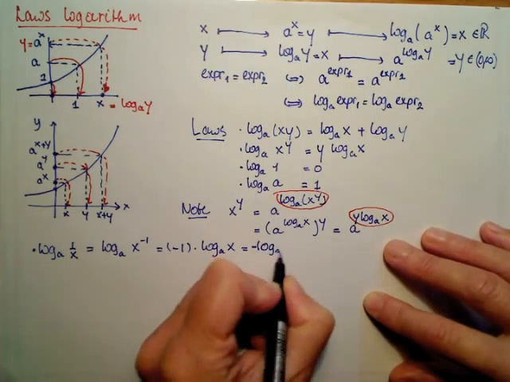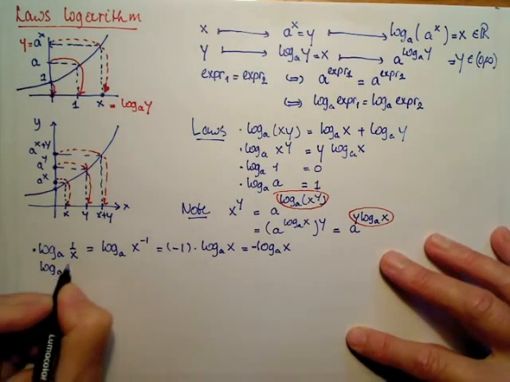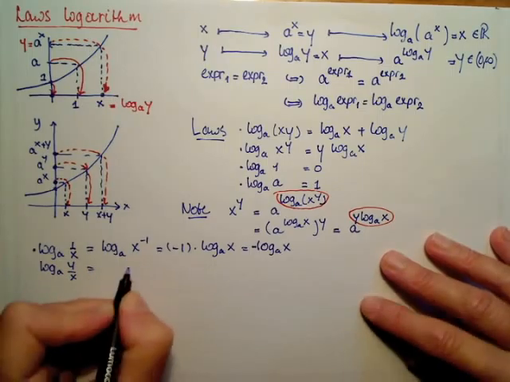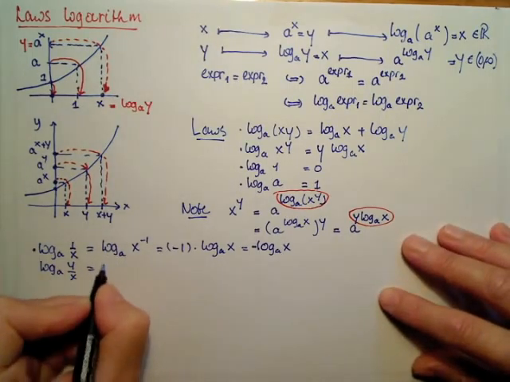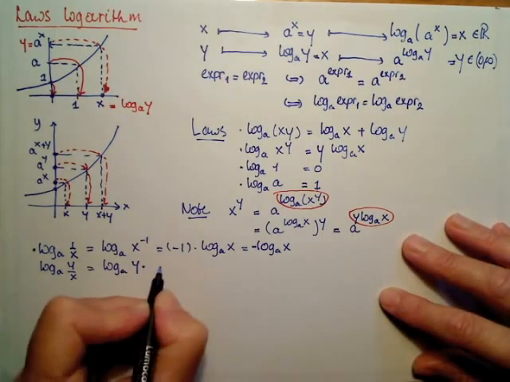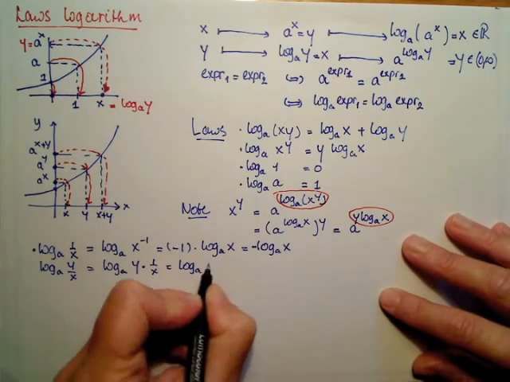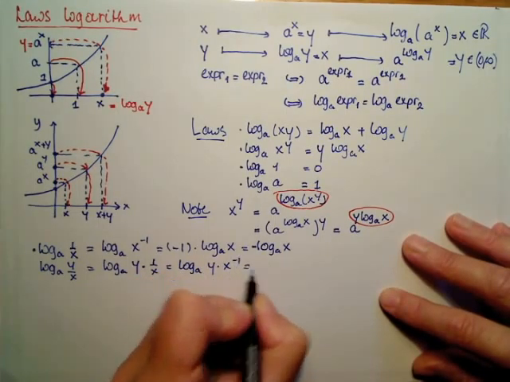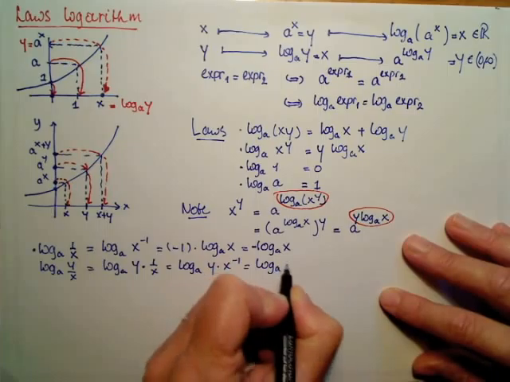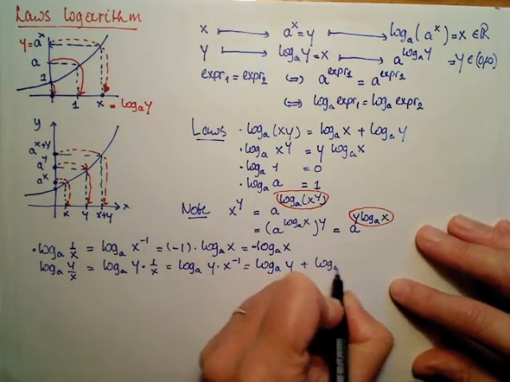So this is minus log x. Suppose that we want to calculate the logarithm of y over x. This is precisely this law that I skipped. We can write y over x as y multiplied by 1 over x. 1 over x can be written as x to the power minus 1, and now we use the first law, namely that the log of a product is the sum of the separate logs.